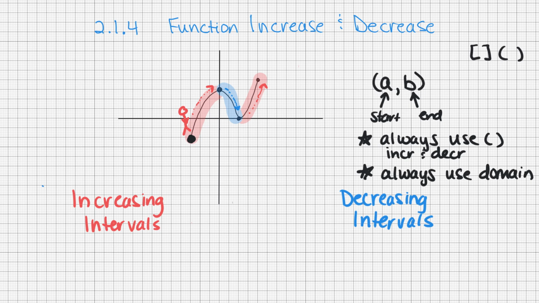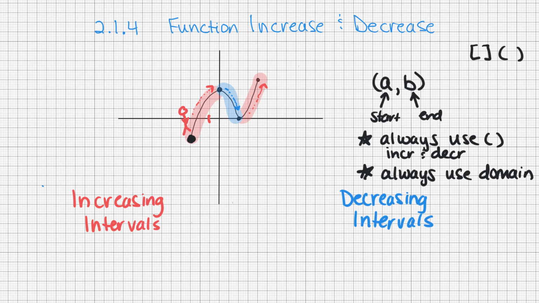So if I look at this graph, and I did a grid on purpose, I know you might have to squint your eyes to see what it is, but what are the domain values for this first interval that's increasing?